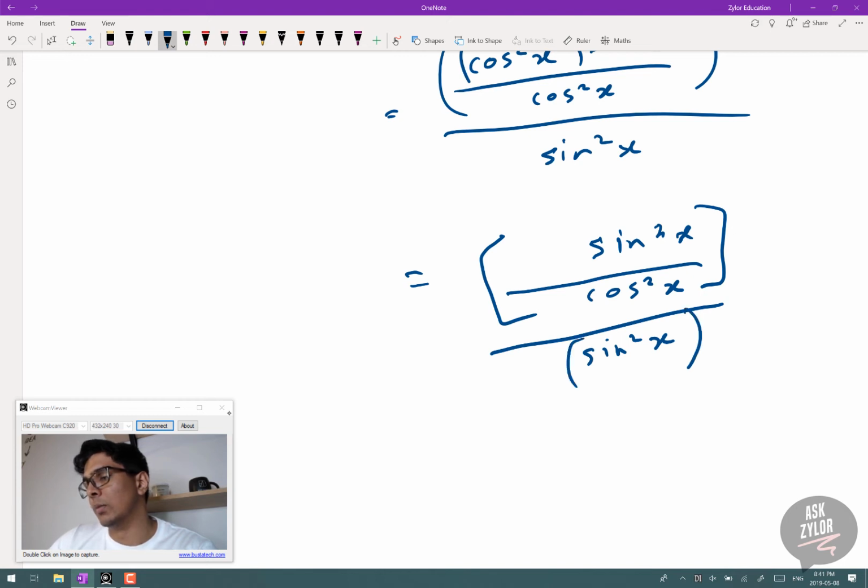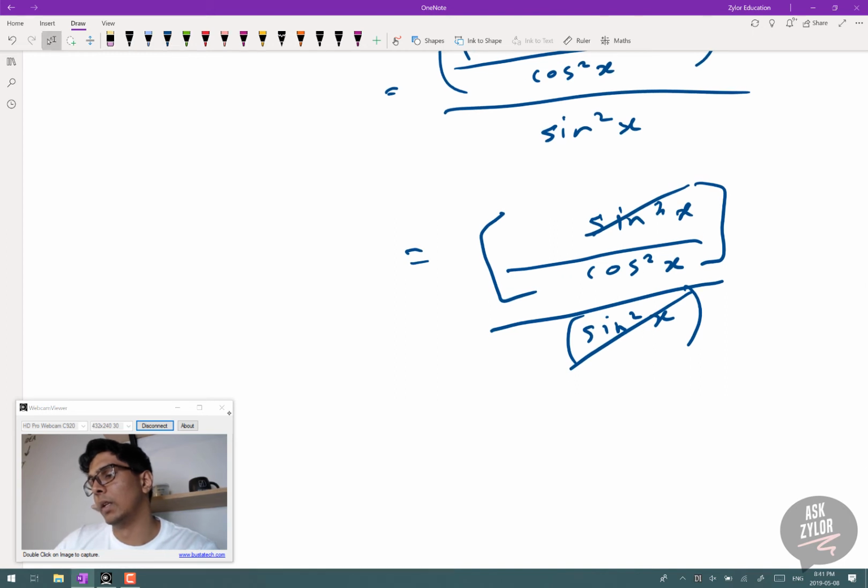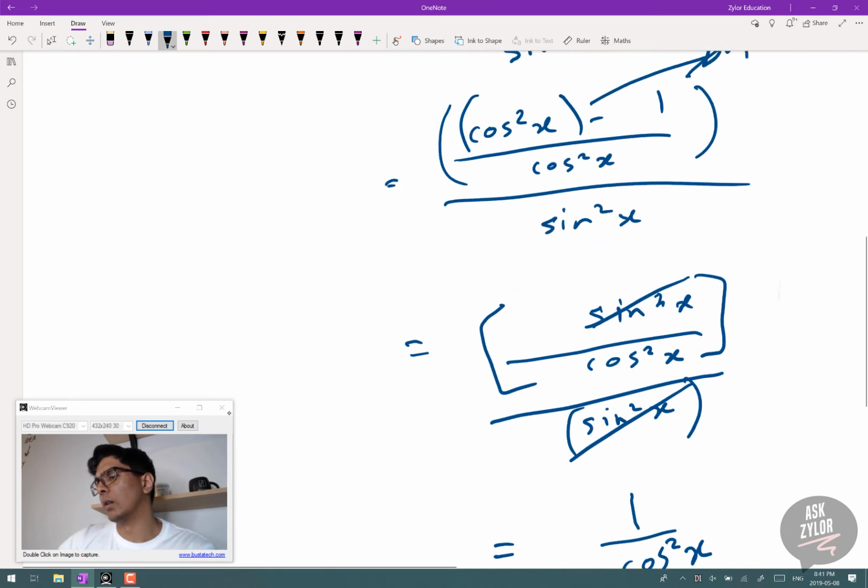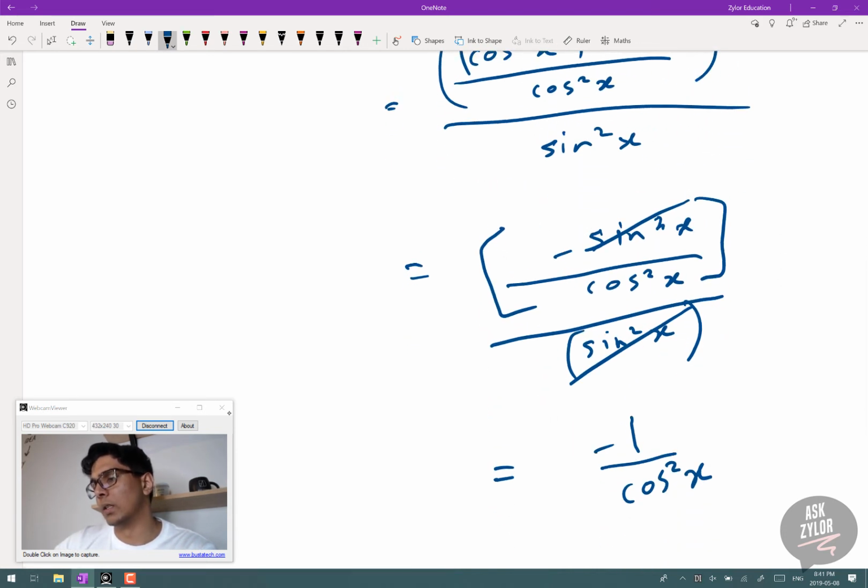So these two terms can be cancelled out because they're being divided, right? This gives me 1 over cos squared x. Sorry, 1 minus 1, because this is a minus sign.